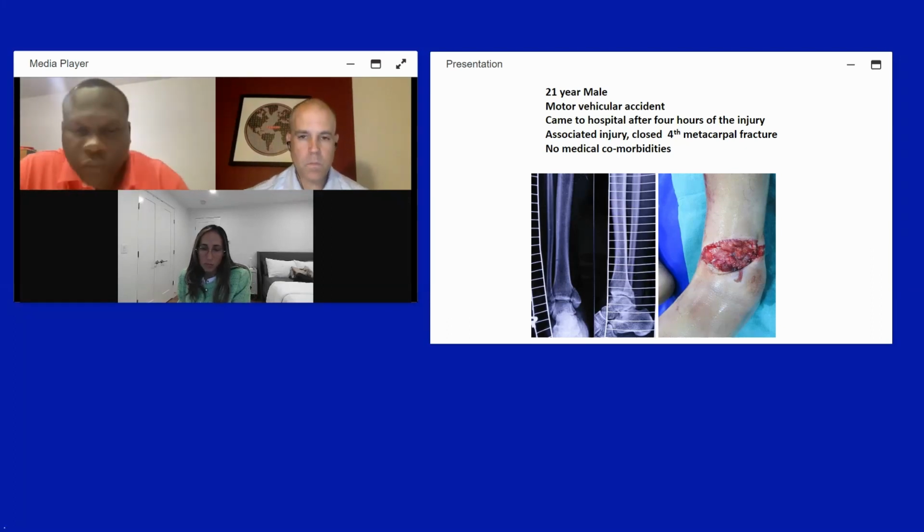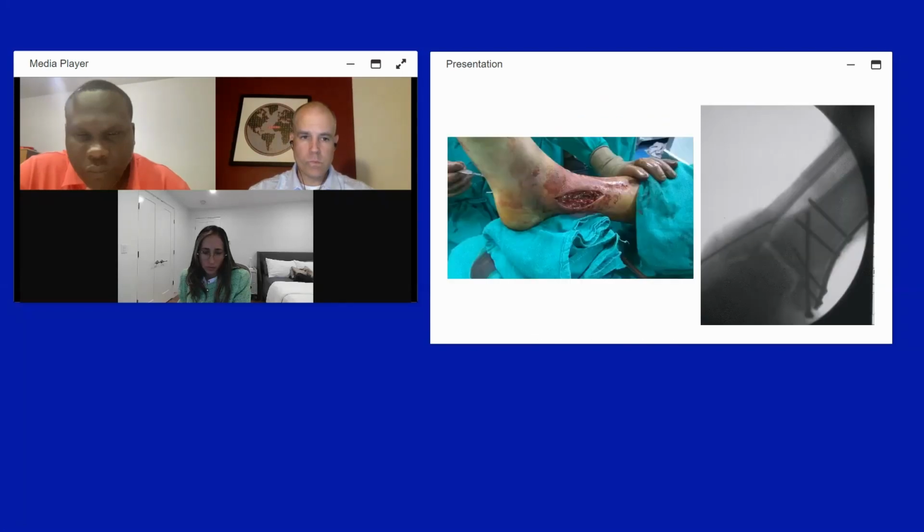This is the lateral wound, which is known to be notorious, in a 21-year-old male who reported 4 hours after the injury, and he had an associated fourth metacarpal fracture. We again debrided the wound.